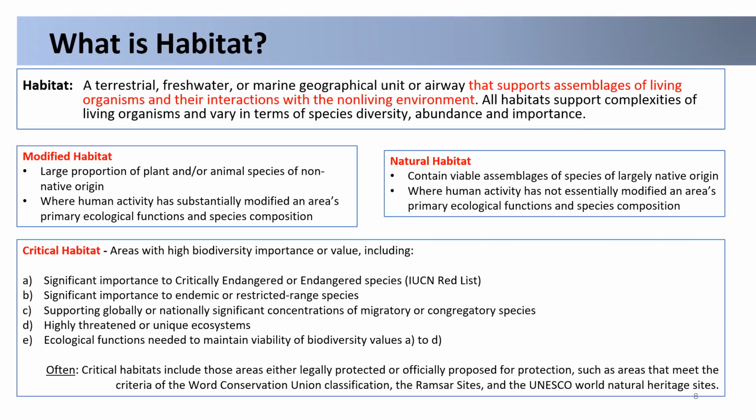So when we talk about critical habitats, we cannot specifically say that only critical species are in those. Also, we have different levels of protection, which implies that maybe some natural habitats are protected. Not everything that is protected is actually a critical habitat.